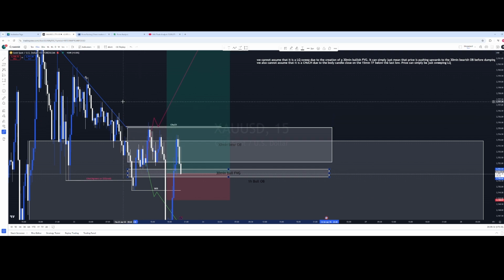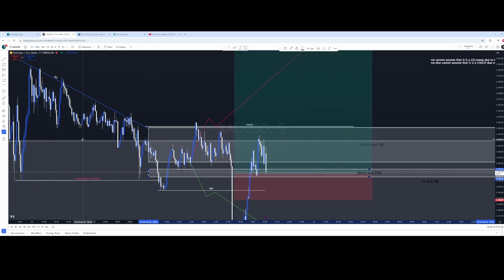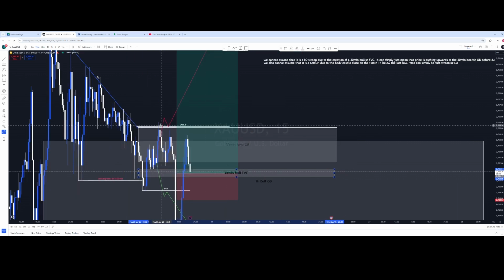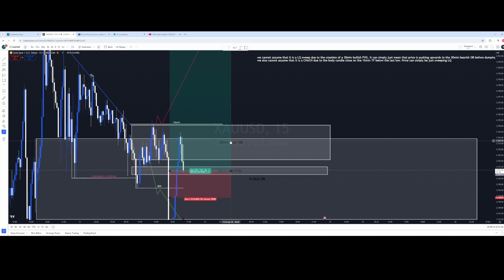Second is, regarding time frame also, on the 5-minute it mitigated, but on the 15 there was a wick. So I guess price just set some buy side liquidity inside the 30-minute bearish order block before heading downwards.